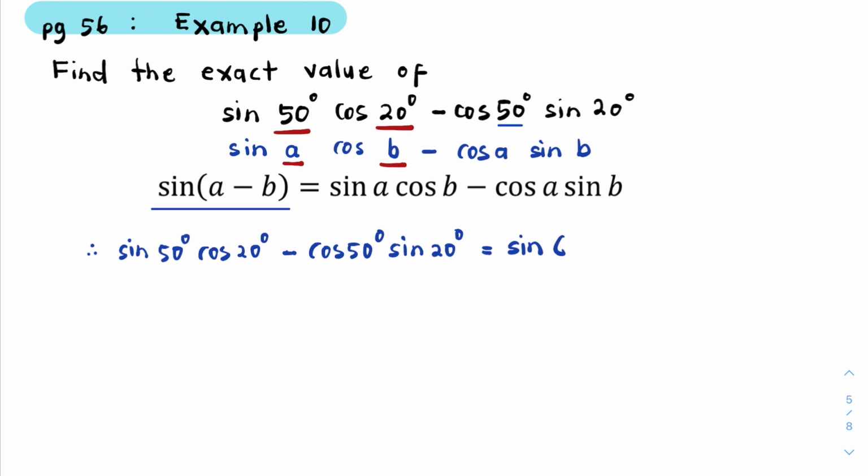So substitute, you're going to have 50 degrees minus 20 degrees. Simplify, 50 minus 20 will give you sine 30 degrees. So the exact value of sine 30 degrees is equivalent to half. As simple as that. Okay?